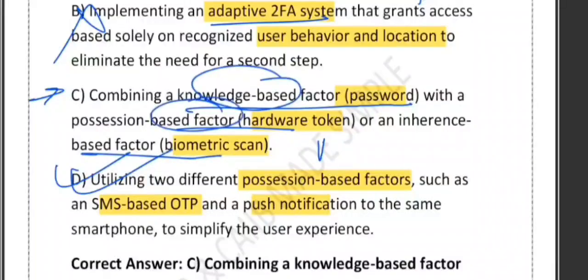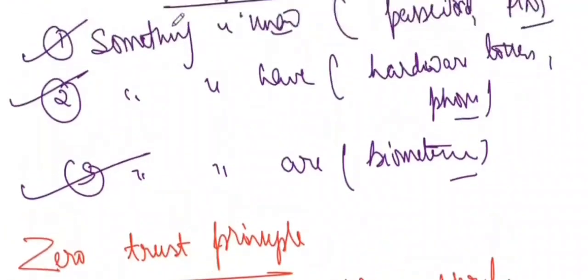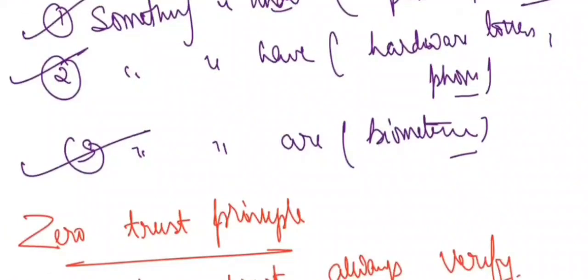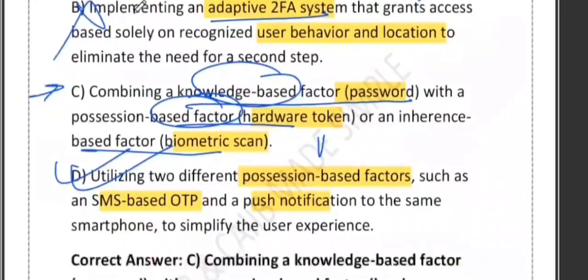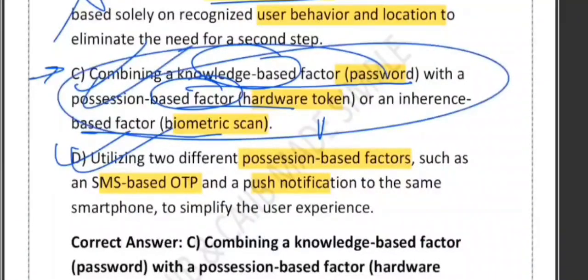So it combines all of them. That is what I told you: something you know is knowledge, something you have is possession, something you are is inherence. Combine them, and that is called two-factor authentication. This is the strongest and phishing resistant.